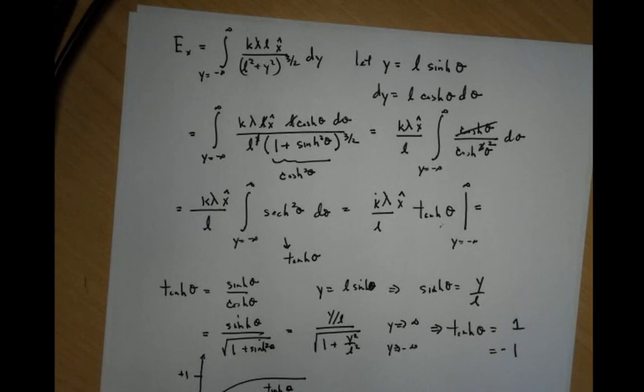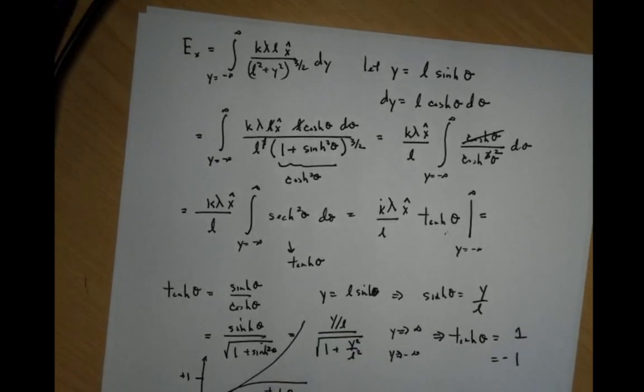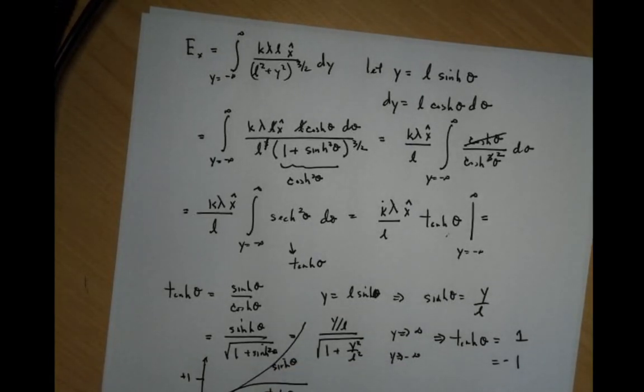Actually, it looks like this, and then explodes toward the end like that. So this is sinh theta. Basically what happens is at y equals infinity, theta is infinity, and theta is infinity gives you a tangent of 1 and minus 1 respectively. So that's the other way to look at it, just look at the plot. This is a little more straightforward to do. But in any case, this answer is extraordinarily simple.